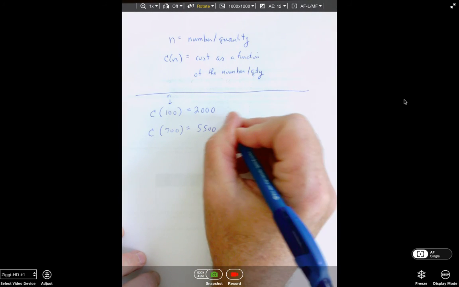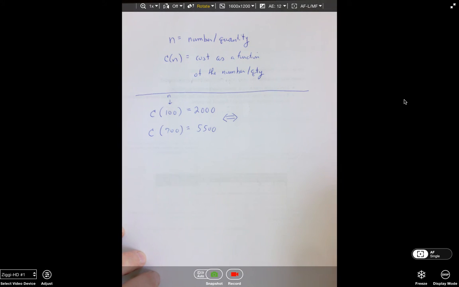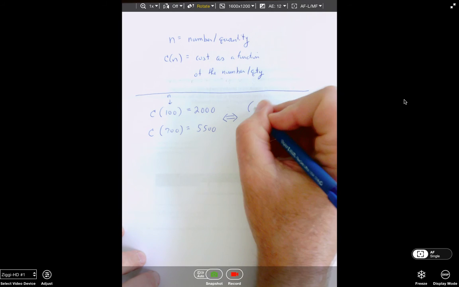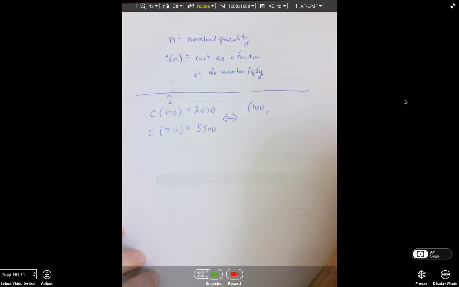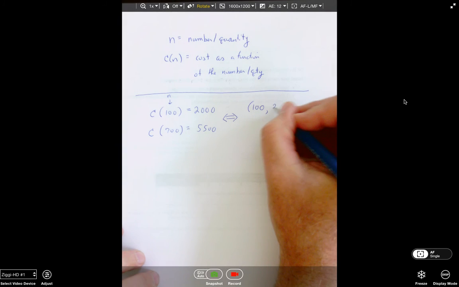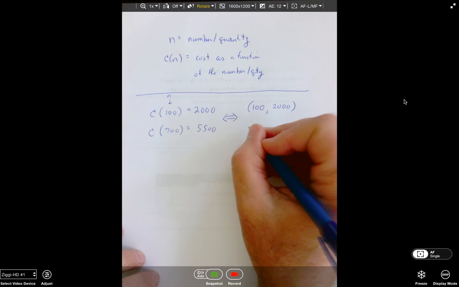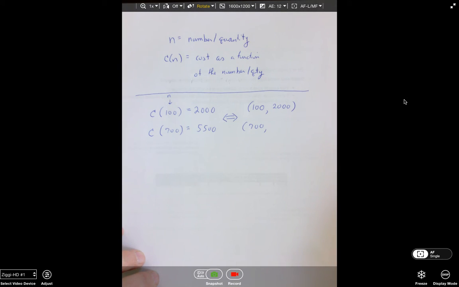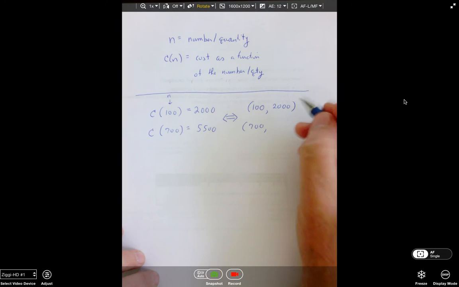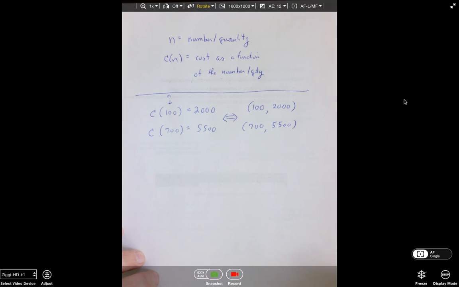Anytime we're given function notation, we can create the ordered pairs. This tells us when x, in this case n, is 100, our y value is 2,000. When n is 700, our function value is 5,500.